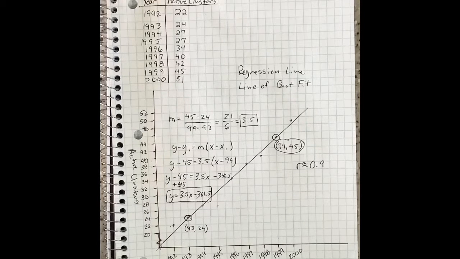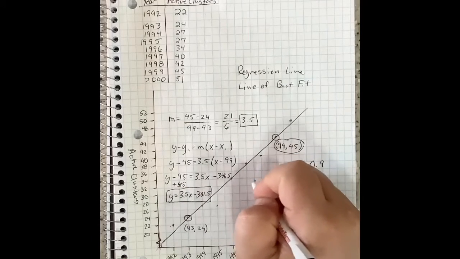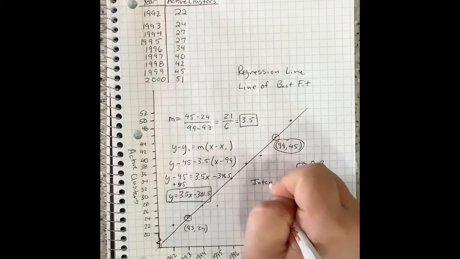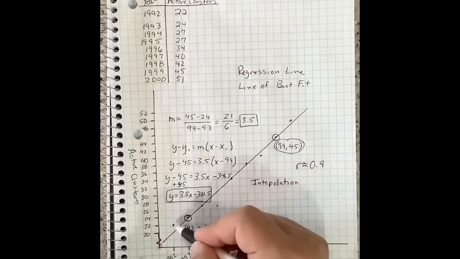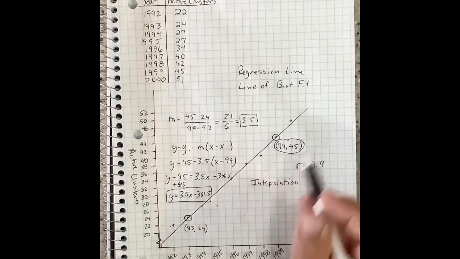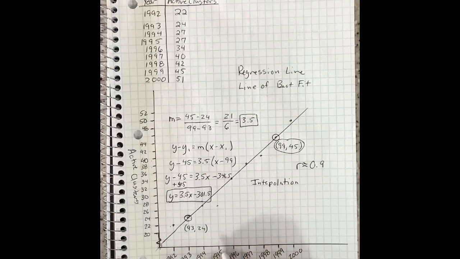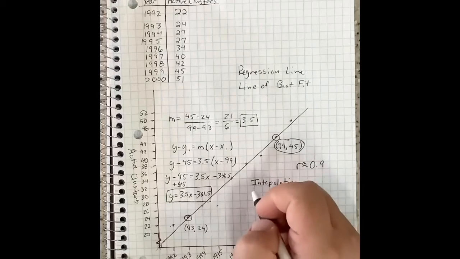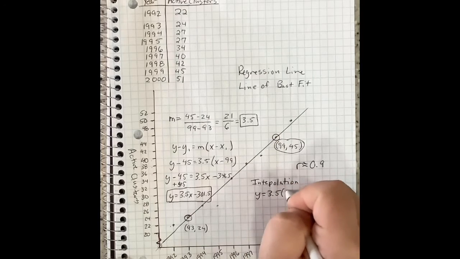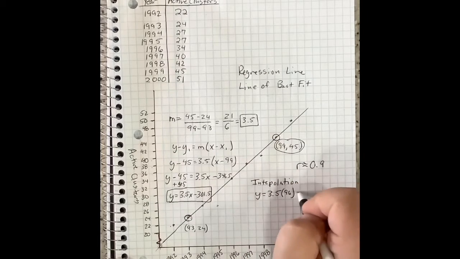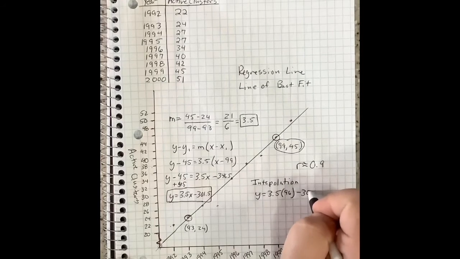The question is, using this equation, the very first one that we're going to talk about is interpolation. Interpolation means we're going to find a year inside of the data. So if we were using this line, what would this line predict for 1996? Here's how I would do that. y equals 3.5 times 96 minus 301.5.